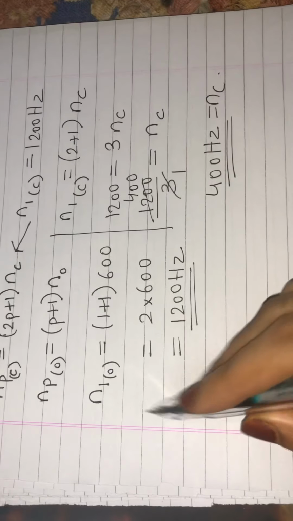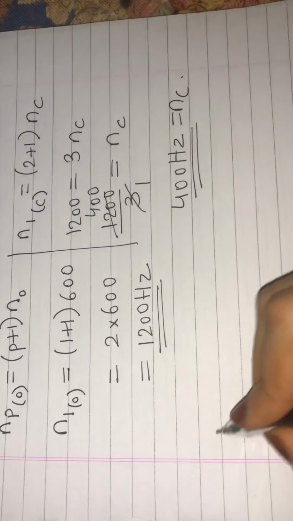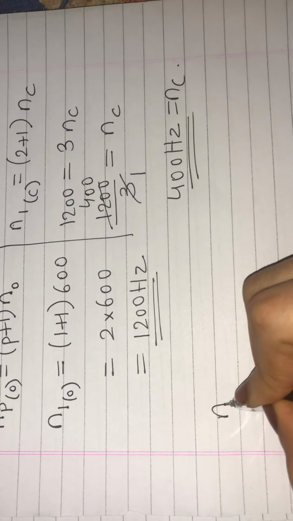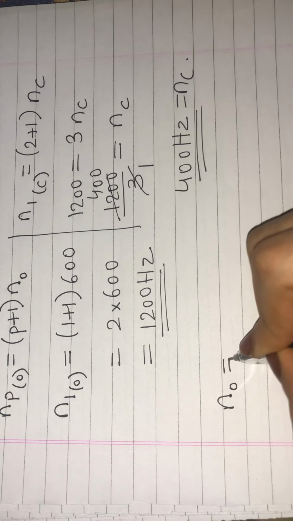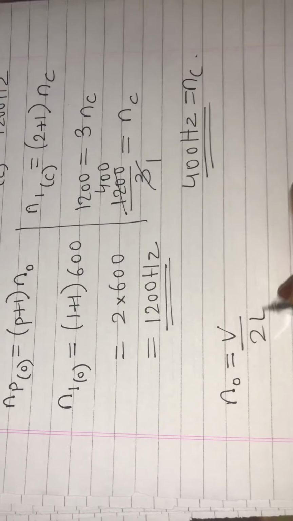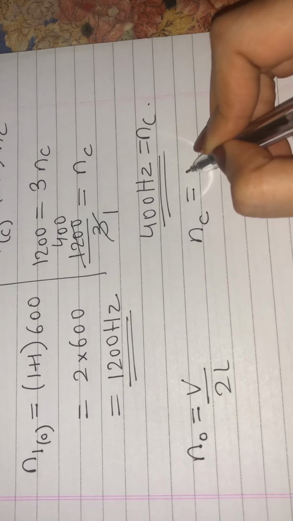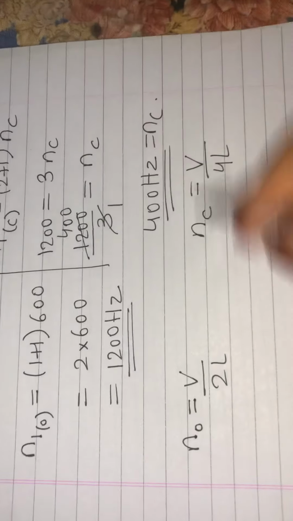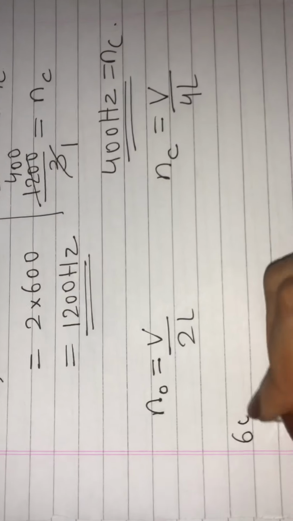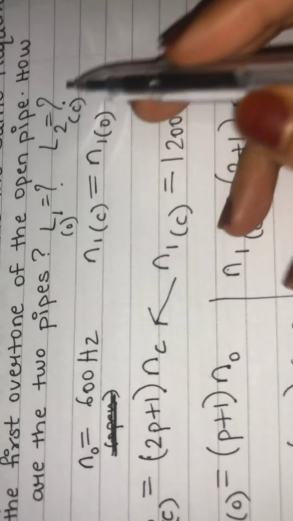Okay, now I have the first overtone. Before that, the fundamental frequency of the open pipe is equal to V upon 2L, and the fundamental frequency of the closed pipe is equal to V upon 4L. So I have it as 600. For the open pipe I have taken it as L1, and for the closed pipe it is L2.